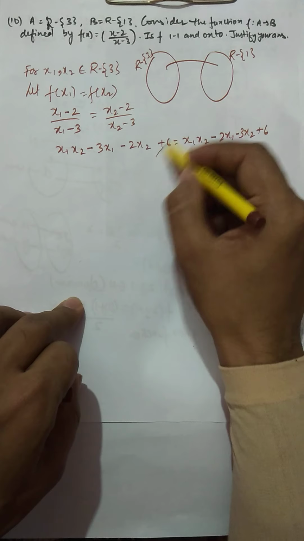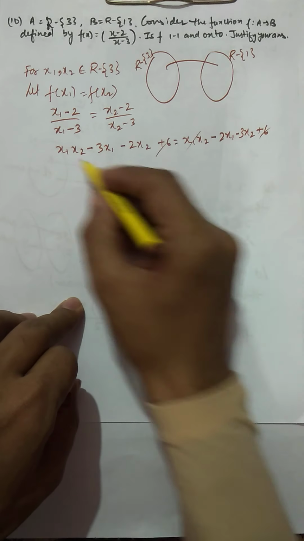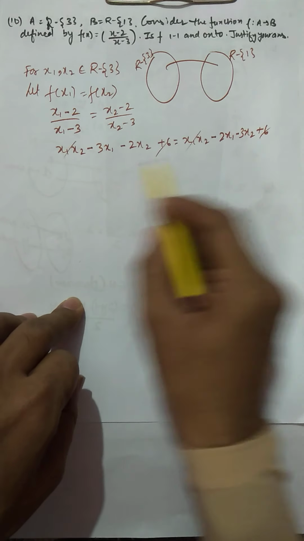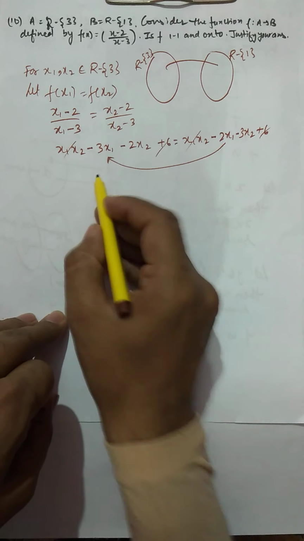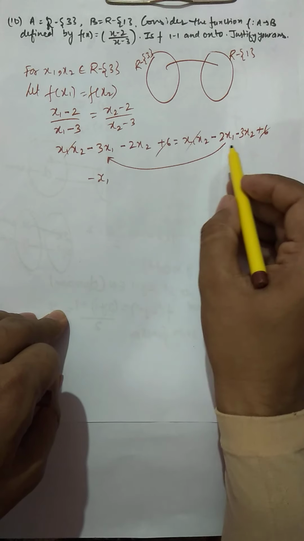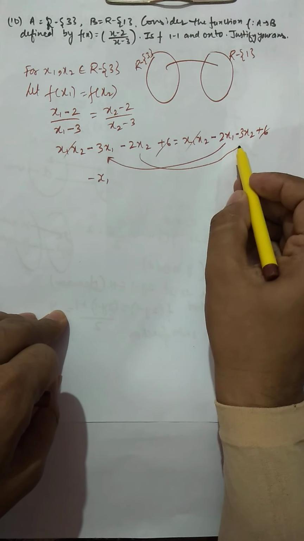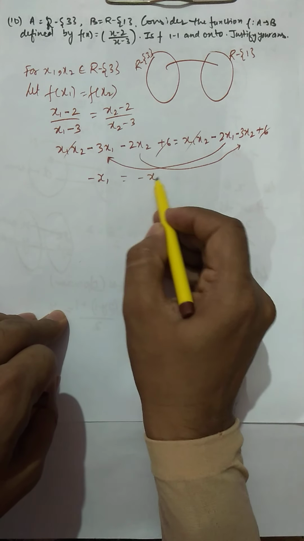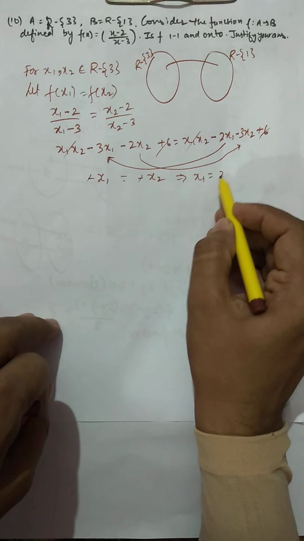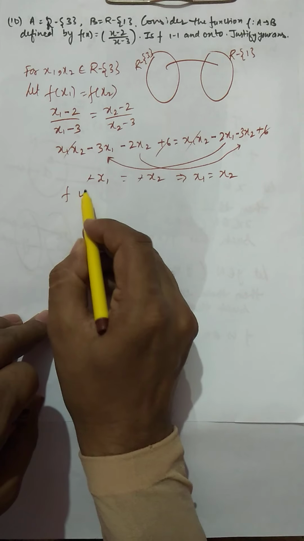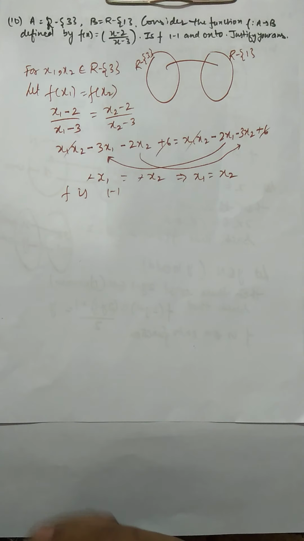So you can see that this 6 will get cancelled, this will get cancelled. So here it is 3x1, you bring this x1 here, so 3x1 minus x1. Now this 2x2 you get this side, so it's going to be minus x2, and minus minus you can cancel, so it's going to be x1 equal to x2. So it implies that f is one-one. So we have proved that f is one-one.